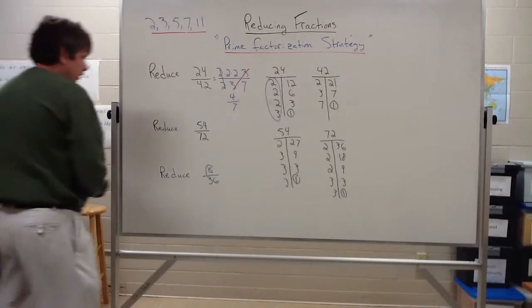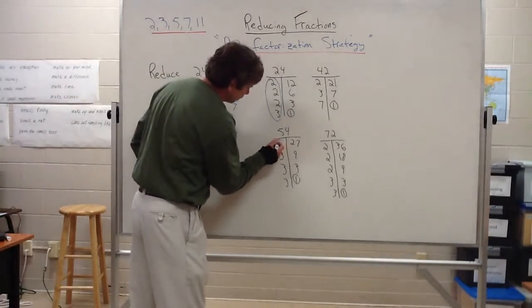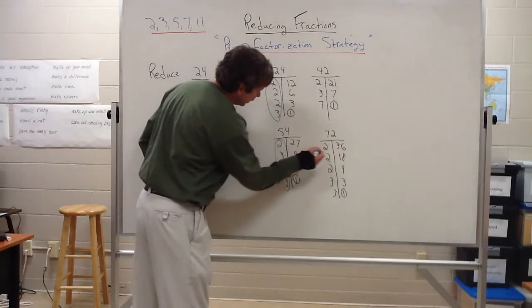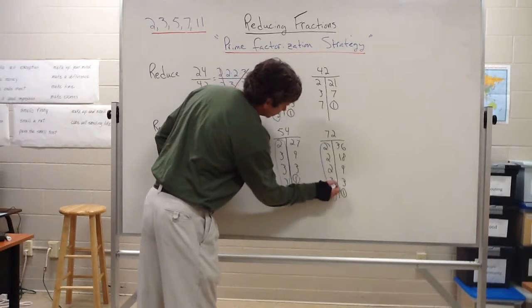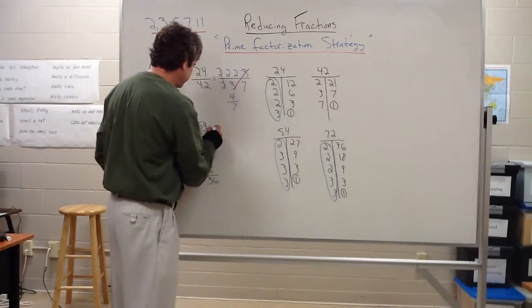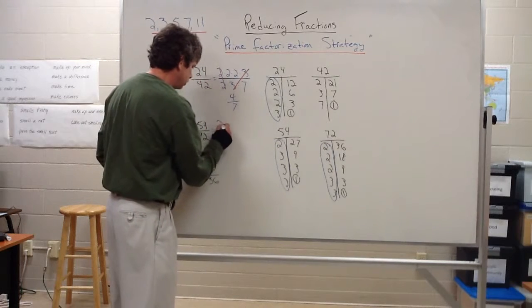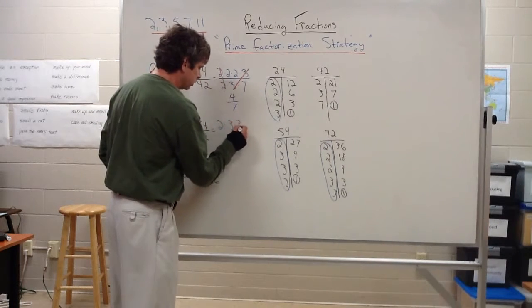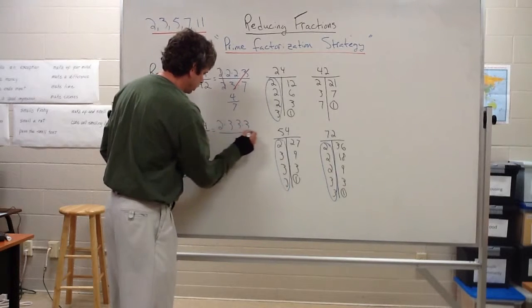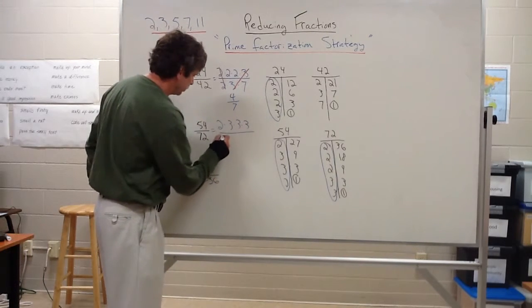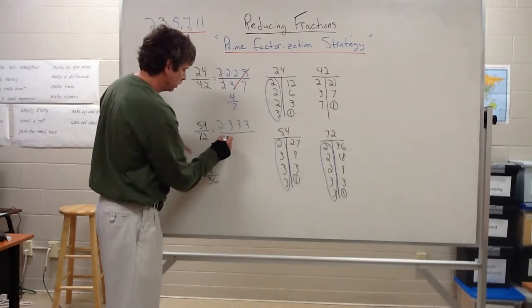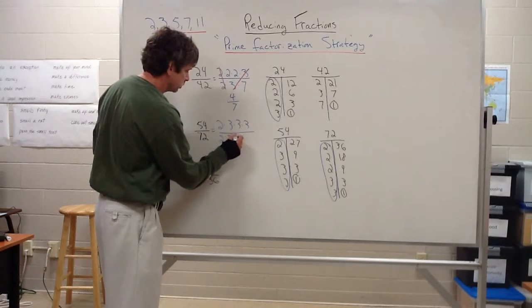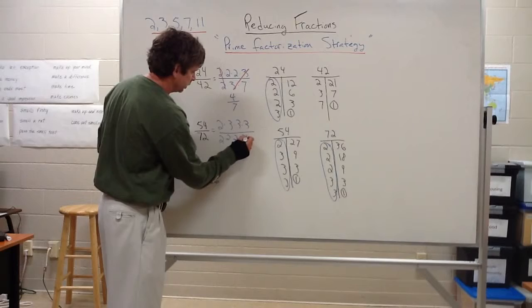So again, these left sides will be my prime factorizations. So I'm going to rewrite 54 as 2 times 3 times 3 times 3. And I'm going to change the 72 to 2 times 2 times 2 times 3 times 3.